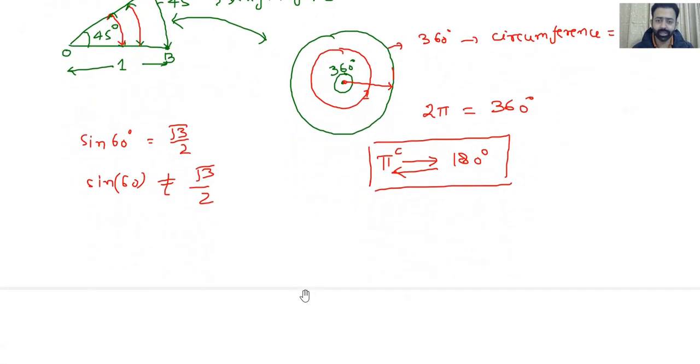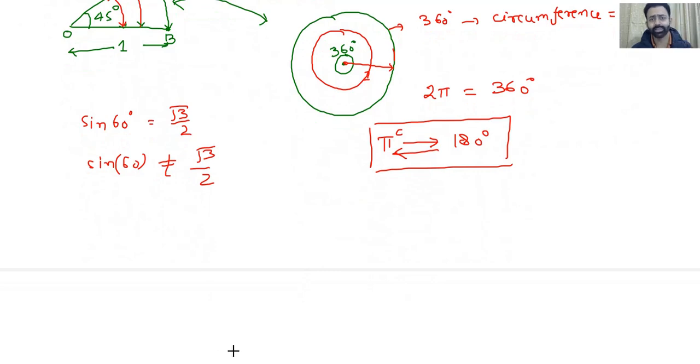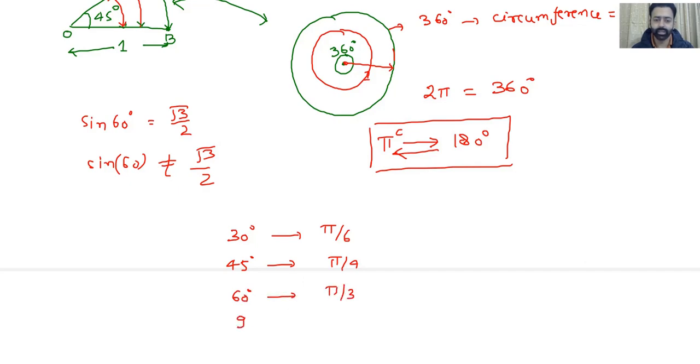Now, extending this pi radians to 180 degrees, we can write all the basic angles, which are 30 degrees and so on. If 180 degrees is pi, then 30 degrees will be written as pi by 6 radians, 45 degrees as pi by 4 radians, 60 degrees as pi by 3 radians, and 90 degrees as pi by 2 radians.